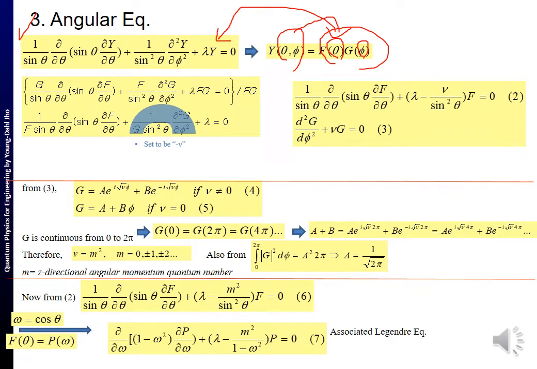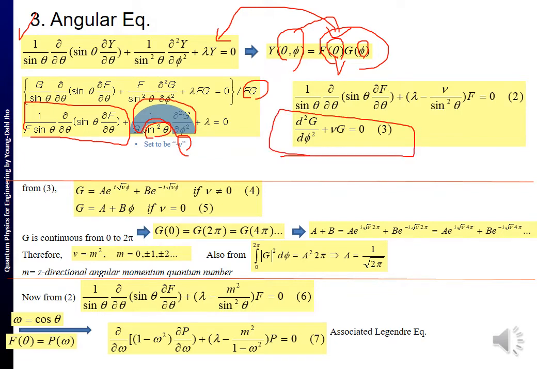We divide both sides by FG, and then look at this. F is a pure function of zeta. Then there's sine squared here, and the others are a pure function of phi. So we set this pure function of phi part to be the same as minus mu. Then we get this, equation 3.